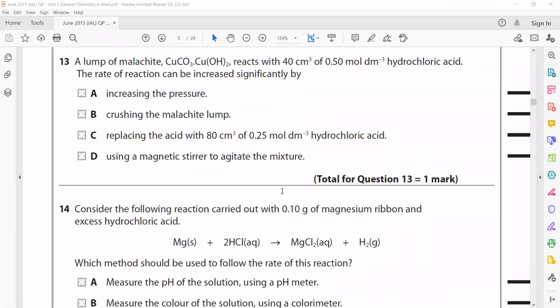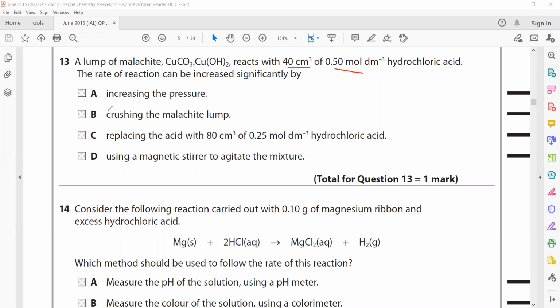Question 13. A lump of malachite, CuCO3.Cu(OH)2, reacts with 40 cm cube of 0.5 mole per dm cube hydrochloric acid. The rate of a reaction increases by increasing pressure? Here we are reacting a solid, so increasing pressure does not have a significant effect. A solid and an aqueous solution are there.